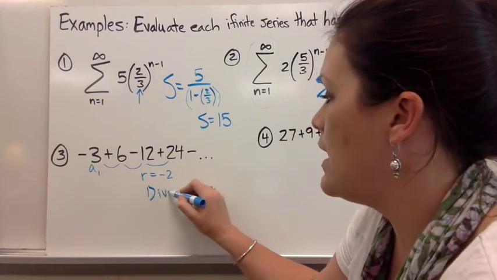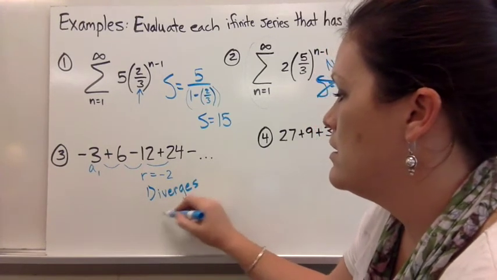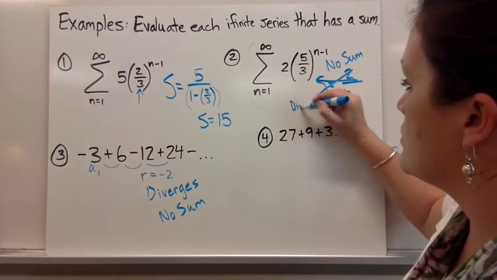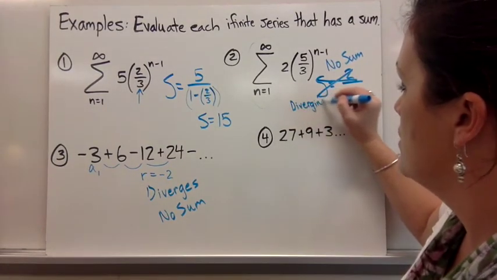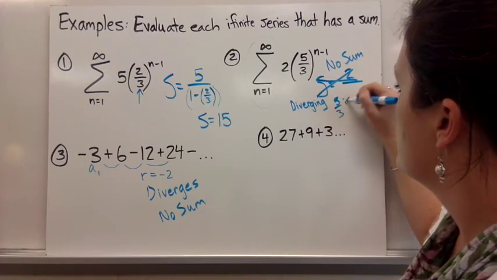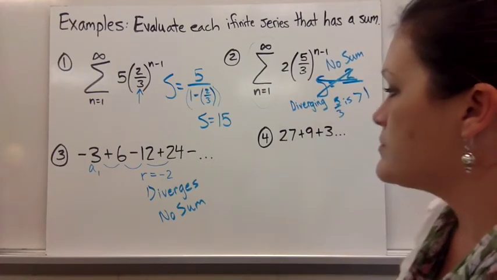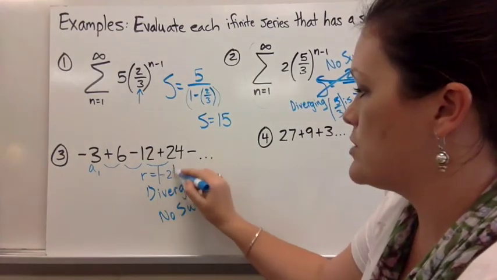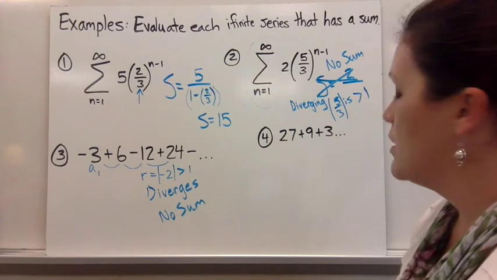So this one diverges, and there is no sum. So we should add that number 2 was diverging because 5/3 is greater than 1. The absolute value of that is particularly what we're talking about. That is greater than 1.